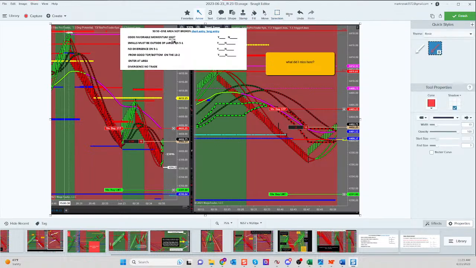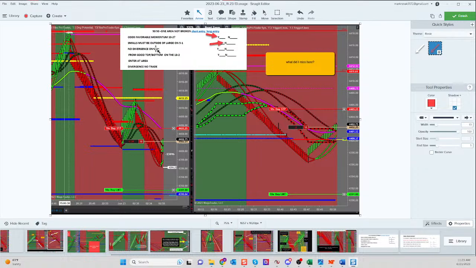Did you have odds favorable momentum on the 13.2, Deb? I'm going to let you talk me through it. Yes. Did you have odds favorable momentum on the 5.1? Guys, do you see how a checklist helps with the process?